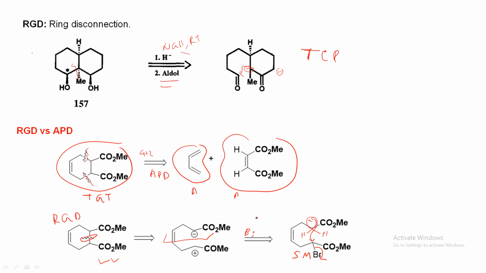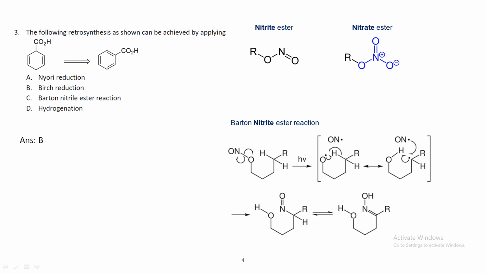So this is one of the doubts one of you had. And the next doubt from the previous class was the Barton nitrite ester reaction. It was a mistake from our side, just a typing mistake. It is not nitrile, it is nitrite. So I want to rectify the name.